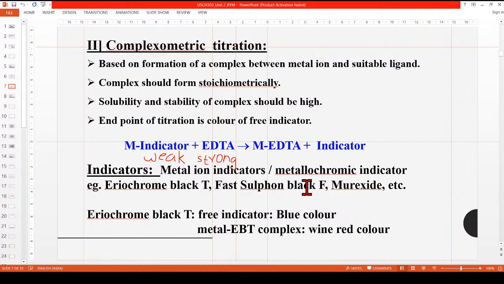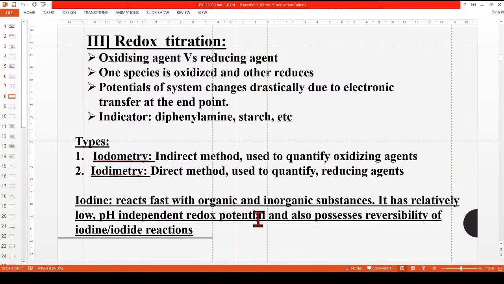This is very important. You have to remember the different types of titrations, the concept of each titration along with which indicators are used, and why you are getting the color change. Like for complexometry, your color change is due to the color of the free indicator.